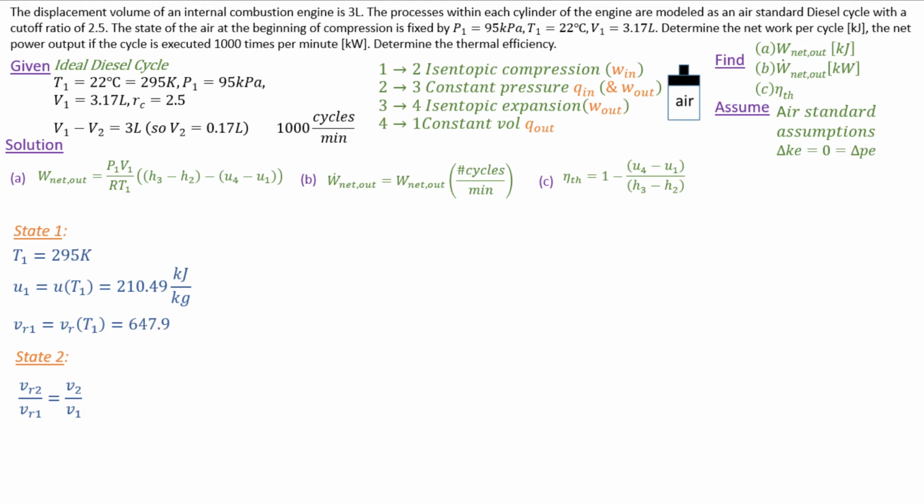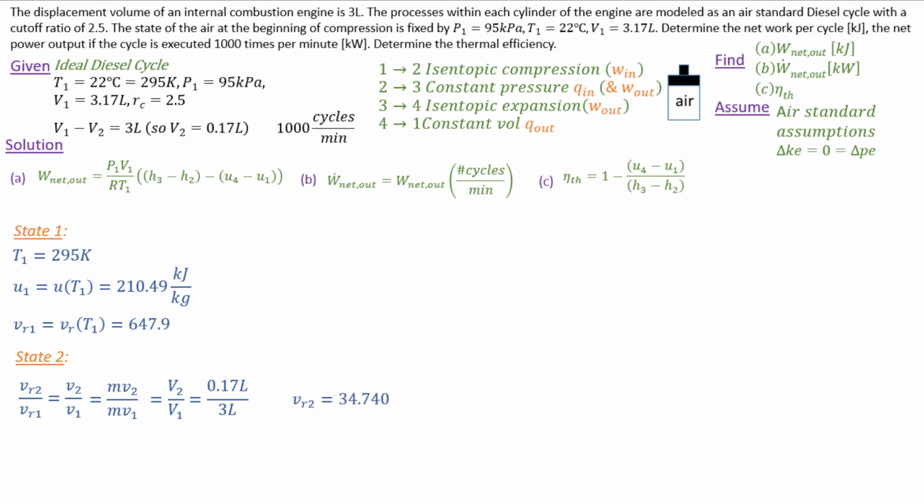Then V2 over V1, if I multiply the top and the bottom by the mass, I get things in terms of the volume. Because I'm given the displacement volume, which is V1 minus V2, that's 3 liters, and I'm given V1, which was 3.17 liters, I can plug in the numbers and get V2 over V1.